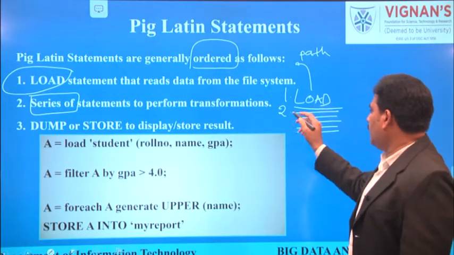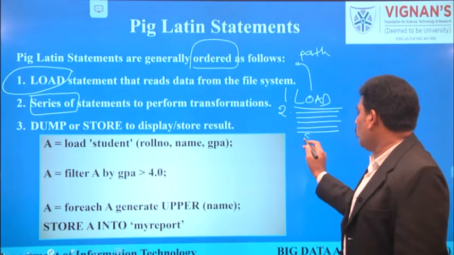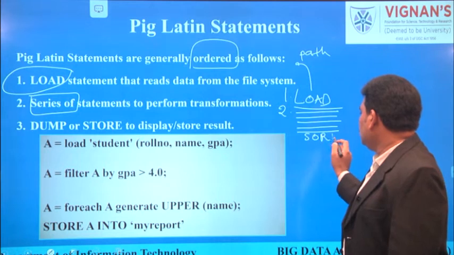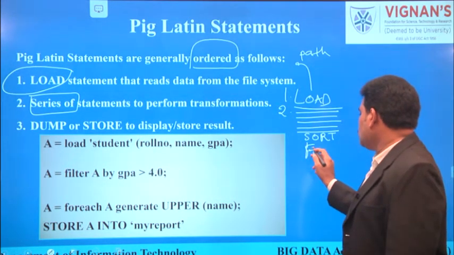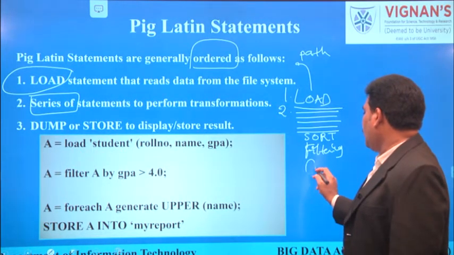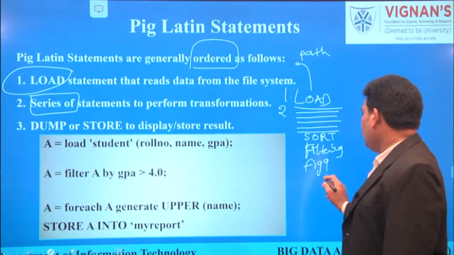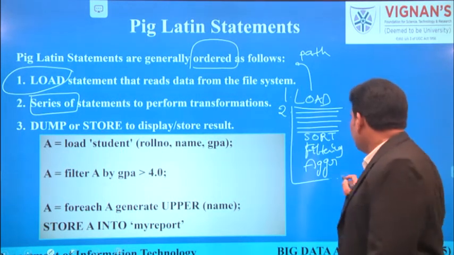Let us say we want to perform a sort operation; we can apply it here. If you want to perform data filtering operations, we can apply them here. If you want to apply any data aggregations, we can apply aggregation operations in the second module.